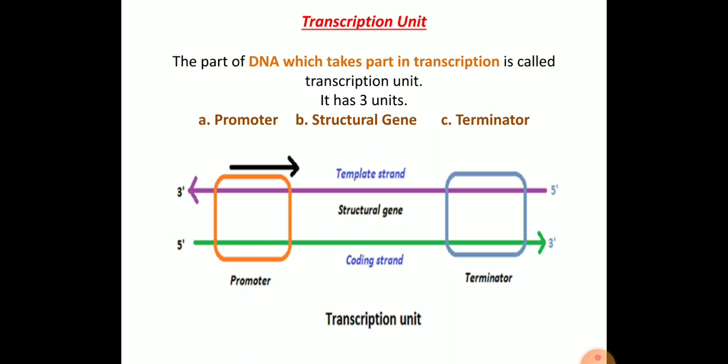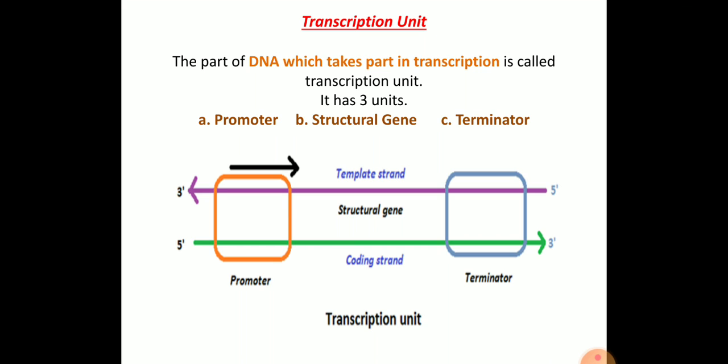The terminator helps in stopping the reaction. So these are the three important units of the transcription unit, that is promoter, structural gene and terminator.